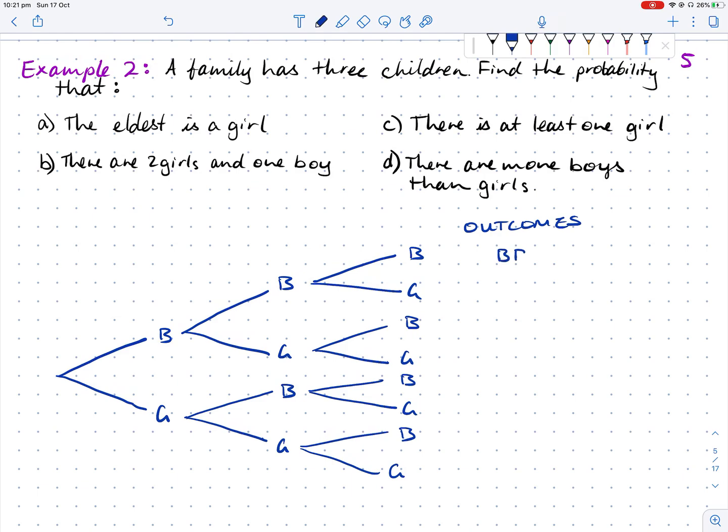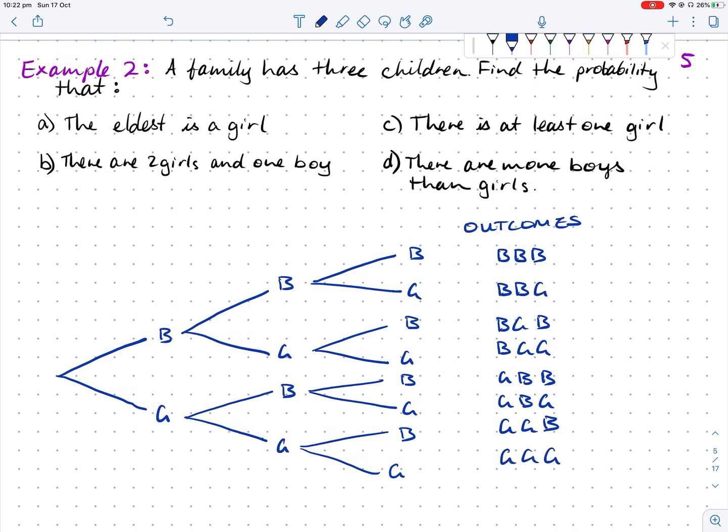So we could have boy, boy, boy; boy, boy, girl; boy, girl, boy; boy, girl, girl; girl, boy, boy; girl, boy, girl; 2 girls and a boy; or 3 girls.